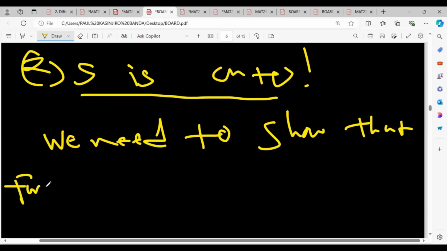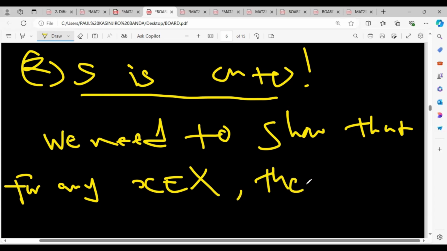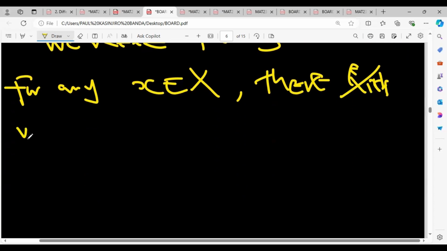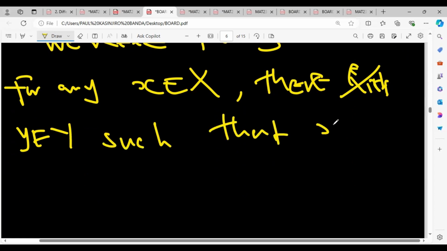that for any x in the set X, there exists a y in the set Y such that (y, x) is a member of what?